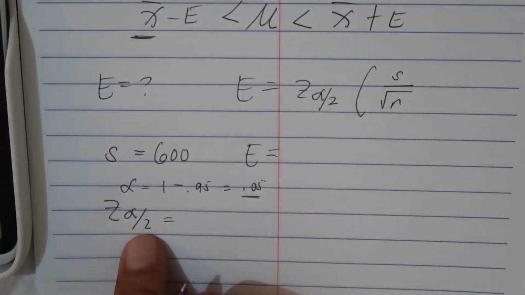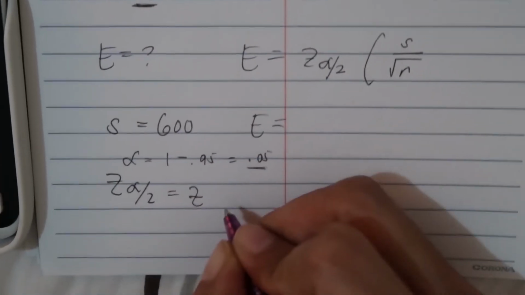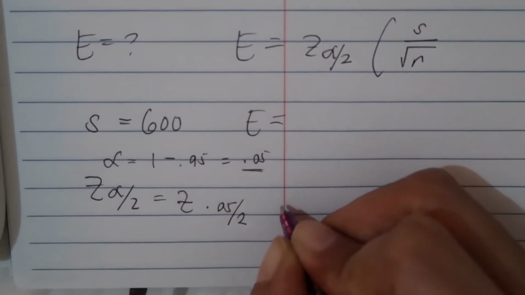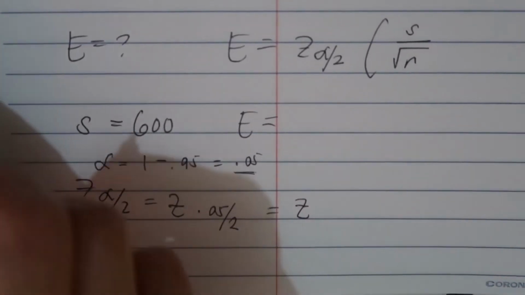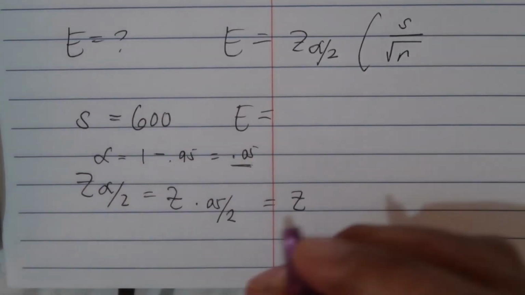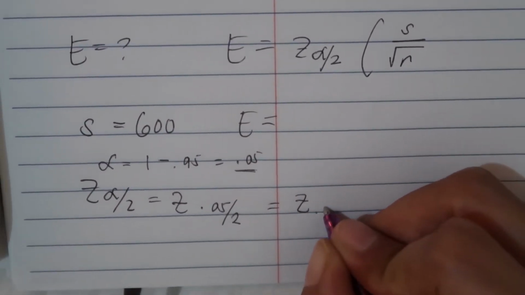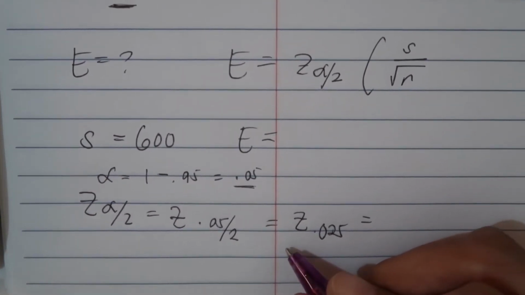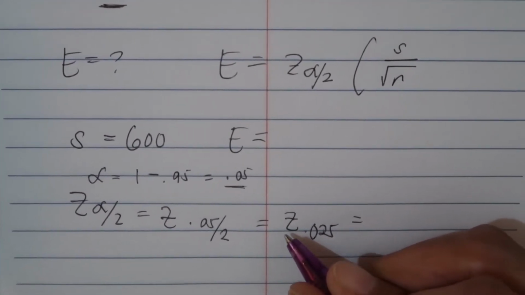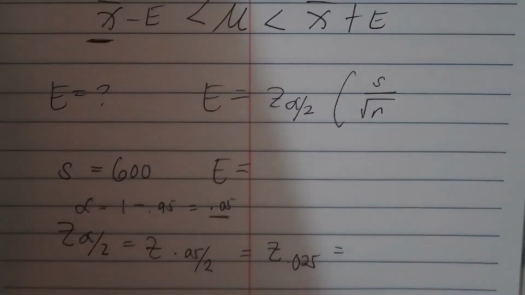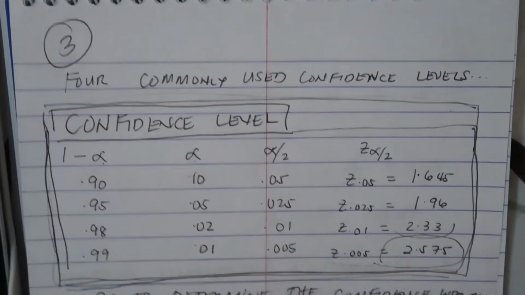So your Z alpha over 2 will be Z 0.05 divided by 2. So that will be Z 0.025. Now, how do we get the value of Z 0.025? Okay. Get the table.